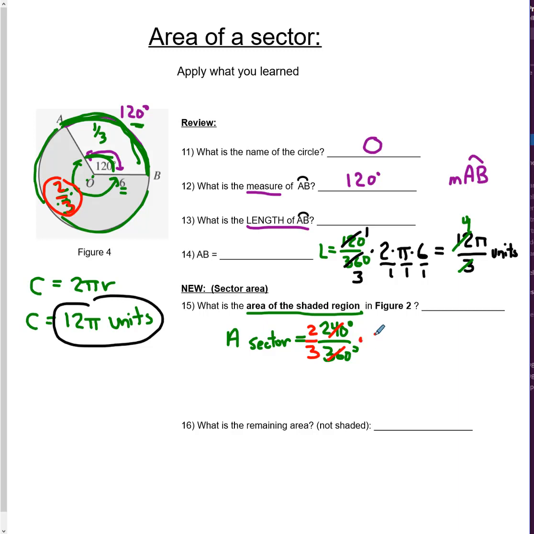Okay, times pi r squared. R is 6 squared, and it's units, right? Okay, so the area of a sector is the area of a circle, that's what I just circled there, times the fraction of a whole circle that your sector is.